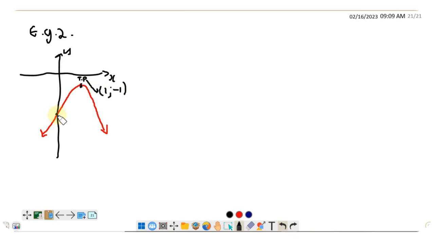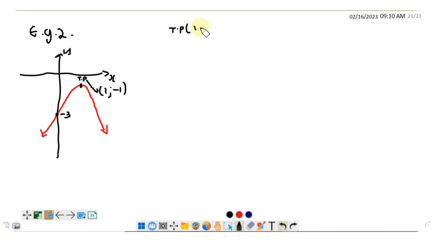And we also have another point here, the y-intercept. Let's say the graph has negative 3. So we have two coordinates: the coordinate of the turning point, and one extra coordinate on the graph.